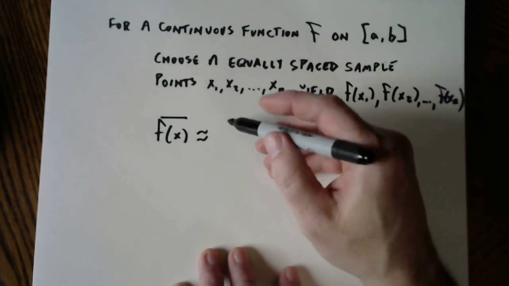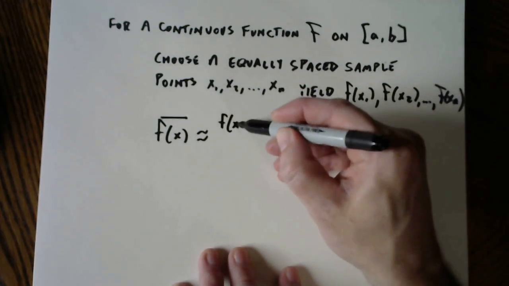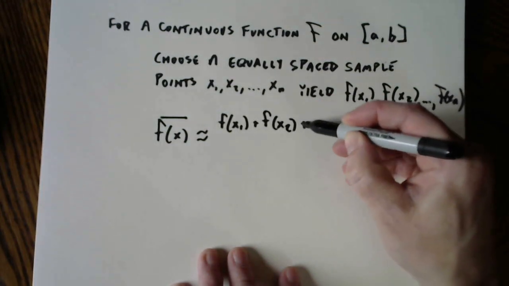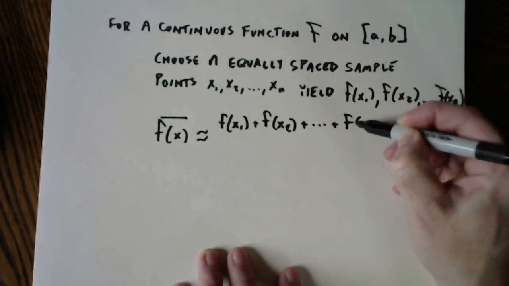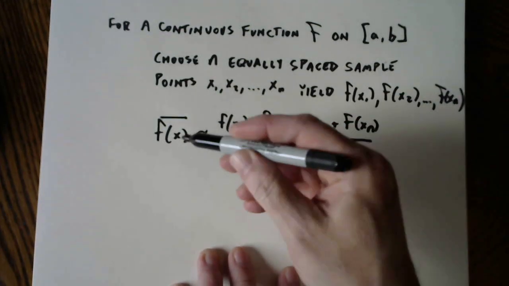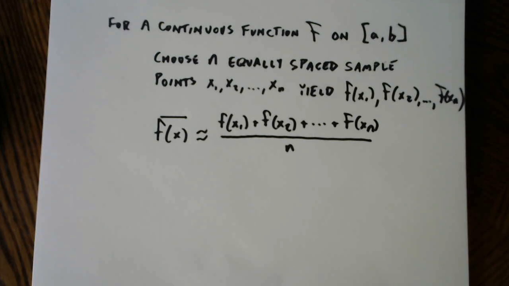Of course, the more I have, the better the approximation. And again, we go back to this same philosophy: add up all those function values, divide by how many, you have a nice approximation. The thing about calculus, though, is we're typically not interested in approximation, right? We're interested in exact.